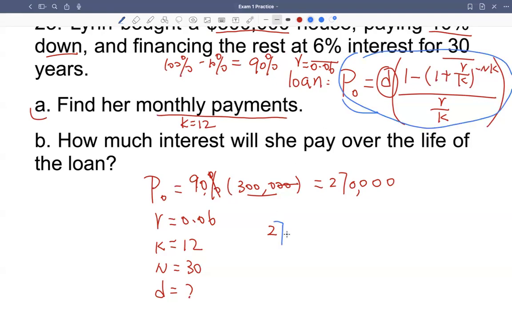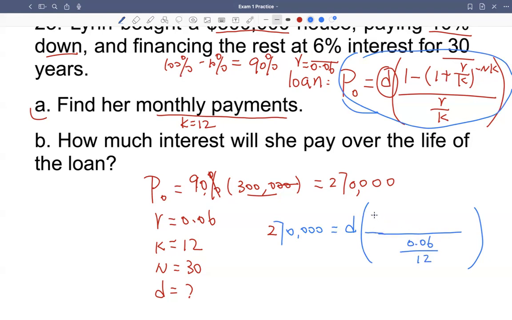So 270,000 equals the monthly payment multiplied by this fraction. We need to calculate this fraction. R is 0.06 divided by K, which is 12.